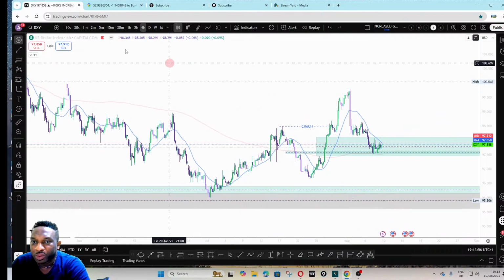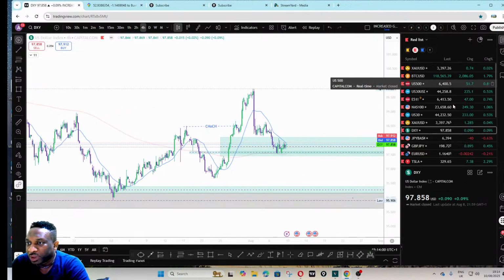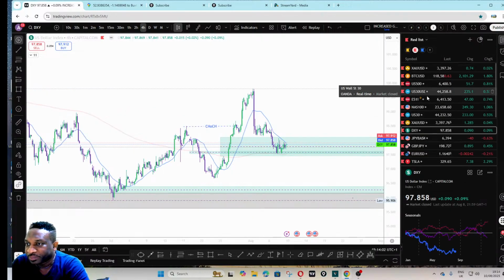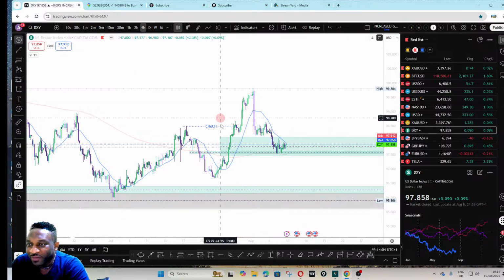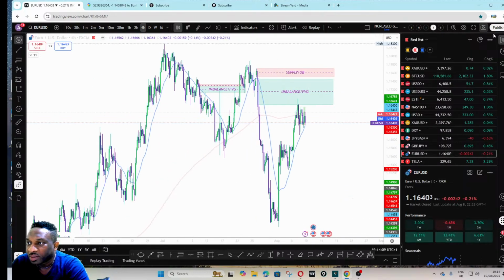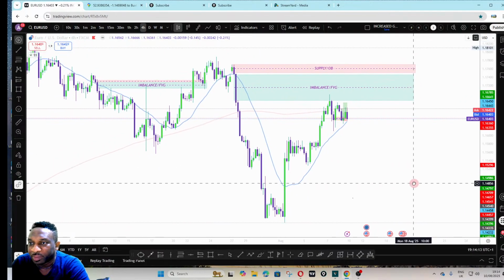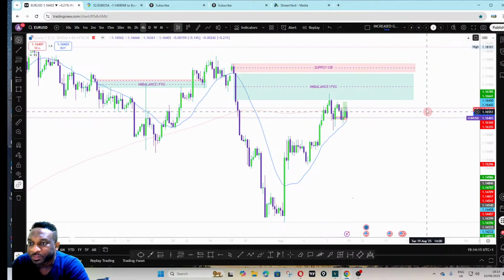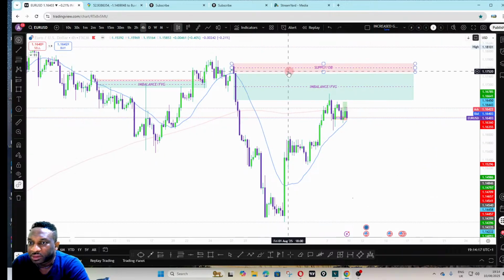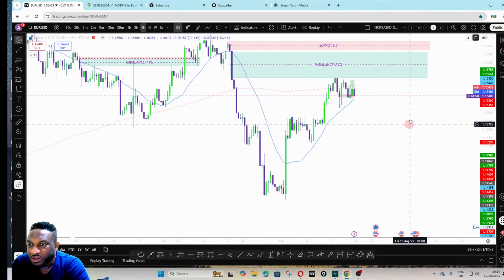So if we go onto, for instance, Euro USD, we'll have the exact opposite of what we are seeing. I think I did some markings here already. Okay, so this is Euro USD.